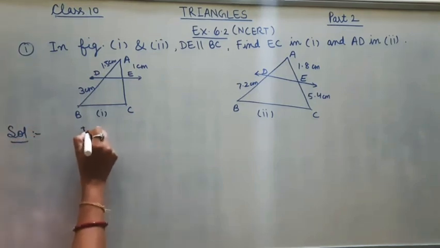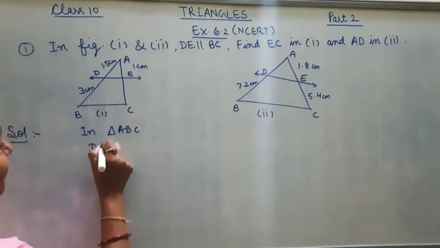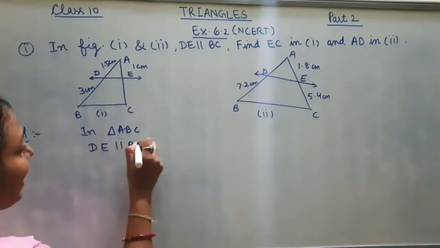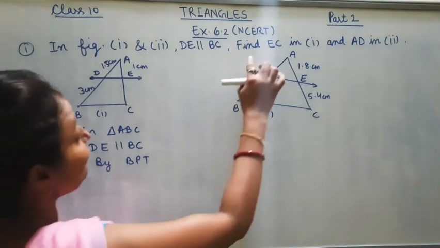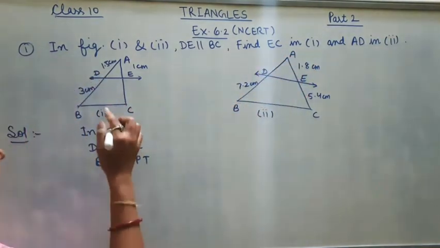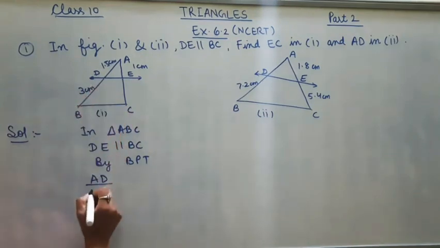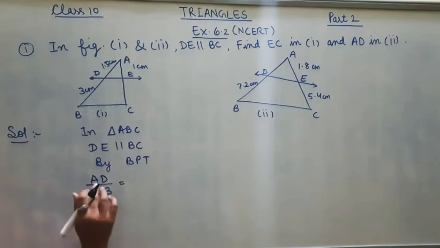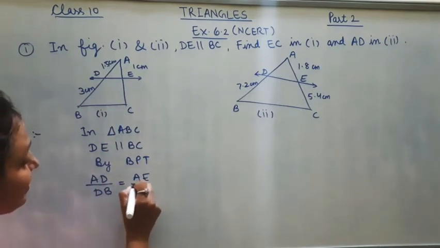In triangle ABC, DE is parallel to BC, and by BPT I will find EC. By BPT, AD upon DB is equal to AE upon EC.